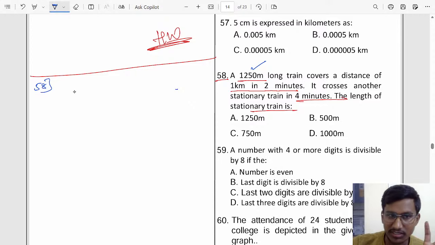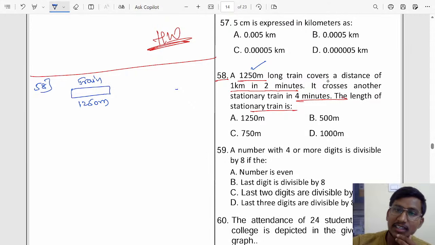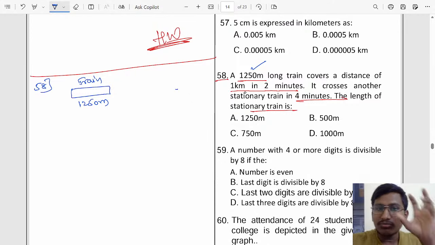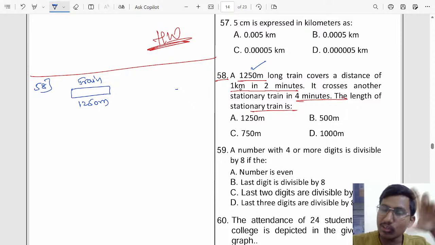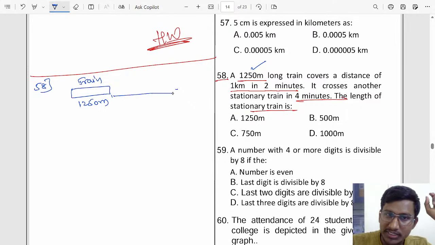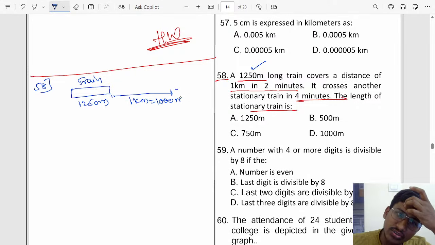So this is the train. How long is it? 1250 meter. It covers a distance of 1 kilometer in 2 minutes. So it covers 1 kilometer from here in 2 minutes. 1 kilometer means 1000 meter, right?